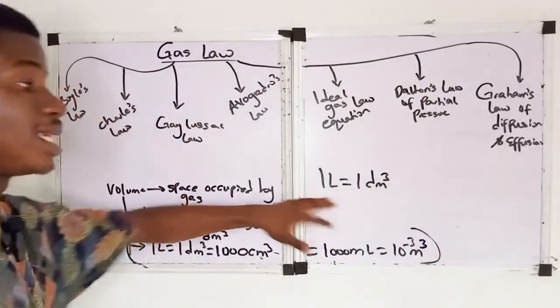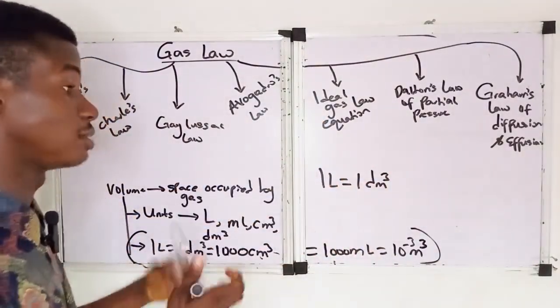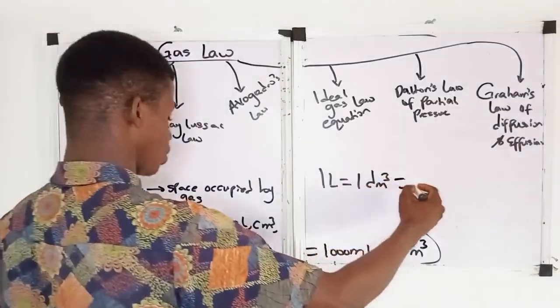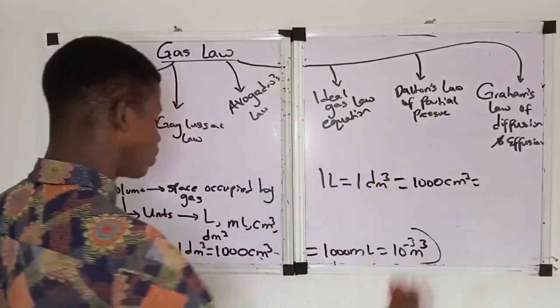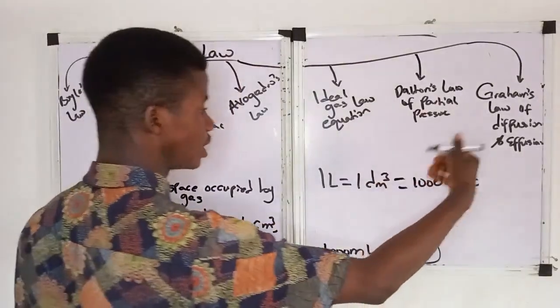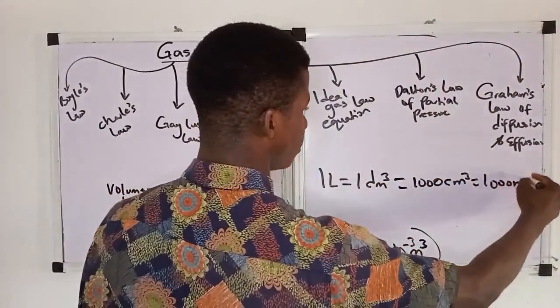Just know that 1 liter is the same as 1 dm cube, which is 1000 centimeter cube, which still equals 1000 milliliter.